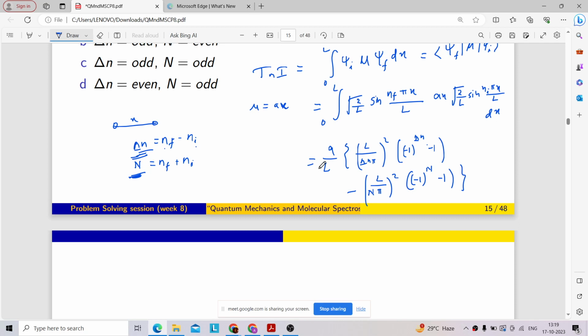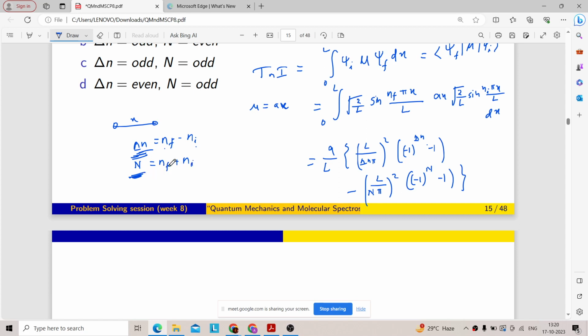What will happen in that case? This will be non-zero, and this will also be non-zero. But if it is even, that means both NF and NI are even, or both NF and NI are odd. In that case, delta N will be even, and capital N will also be even.